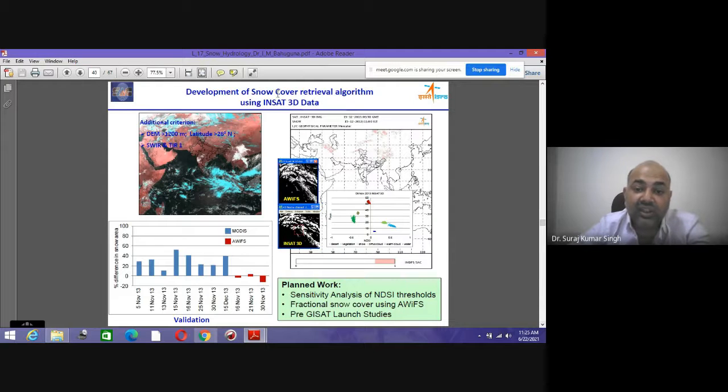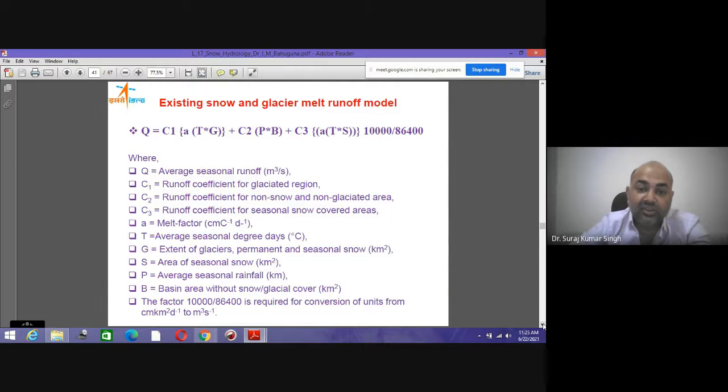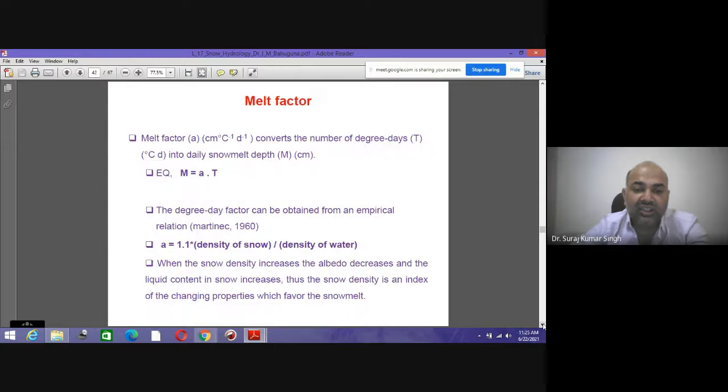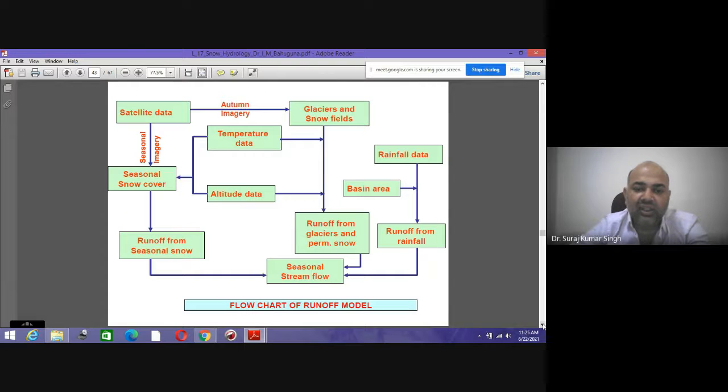So you can see here how different algorithms are used for mapping the various snow cover areas. This is the formula that we'll be using for the snow and glacier melt runoff model, where we'll be calculating the seasonal runoff and glaciated areas. All of this has to be calculated to get an understanding of the terrain using satellite data.